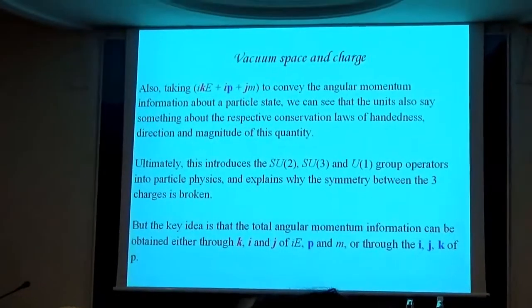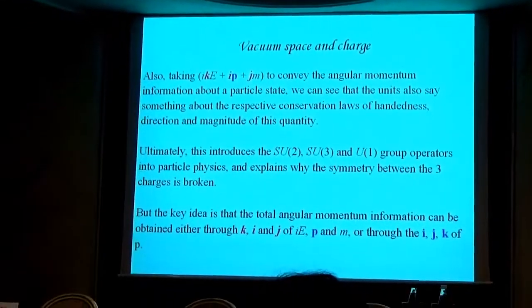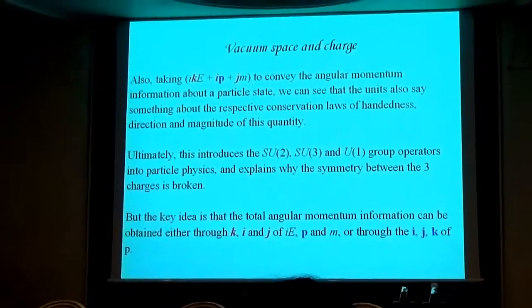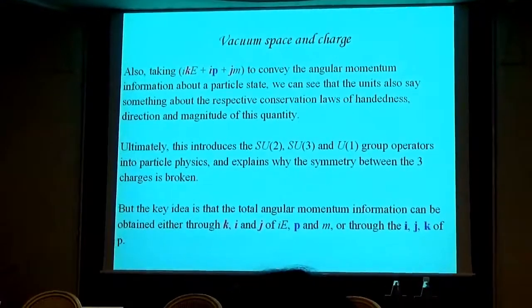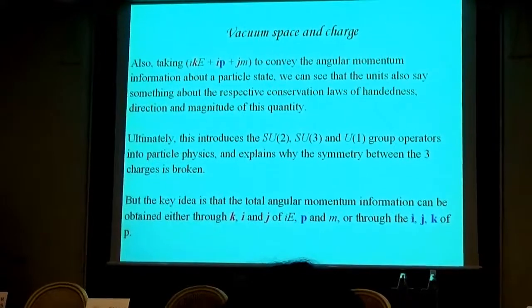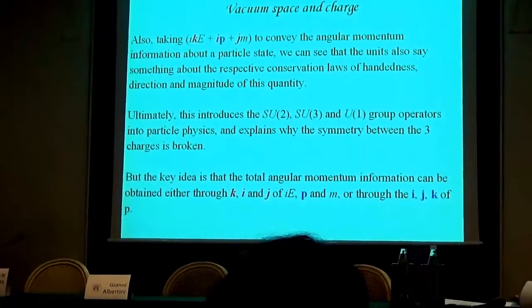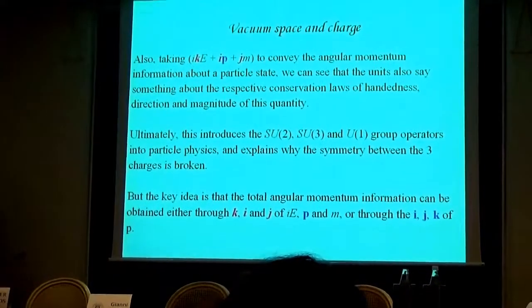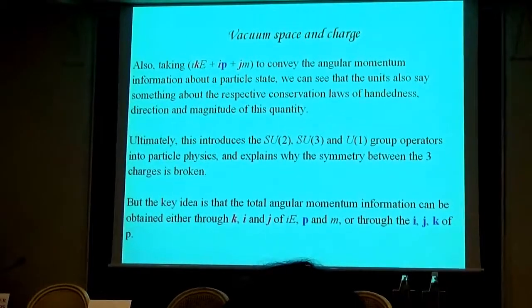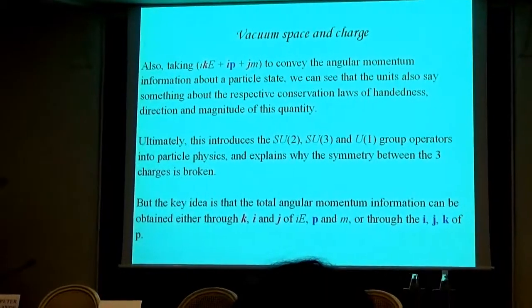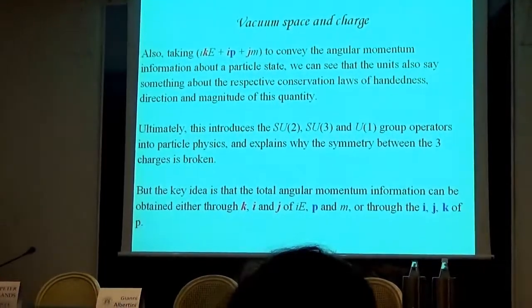And we can also, I don't want to go into detail, but we can see that the total operator conveys the angular momentum information about a particle state. The total information comes as angular momentum. And we can show how this introduces SU2, SU3 and U1.